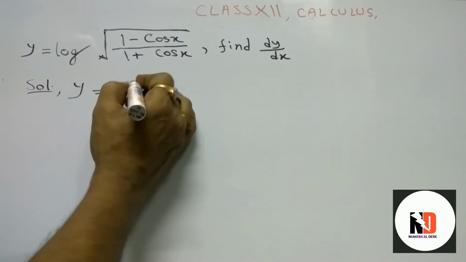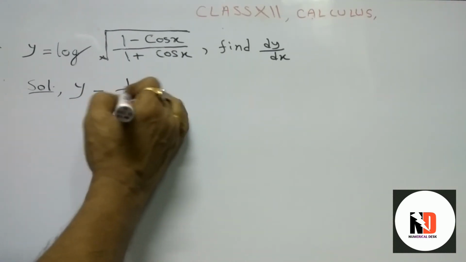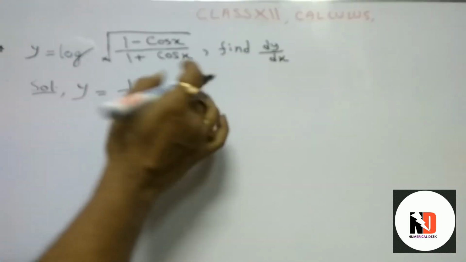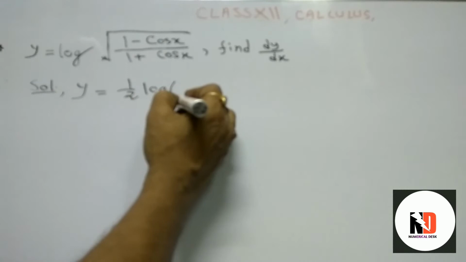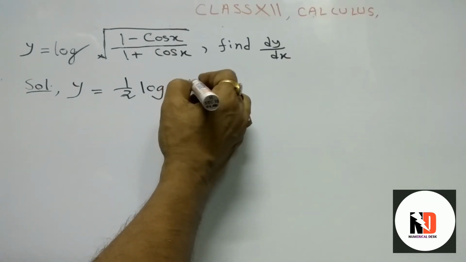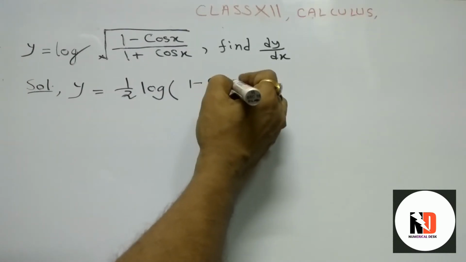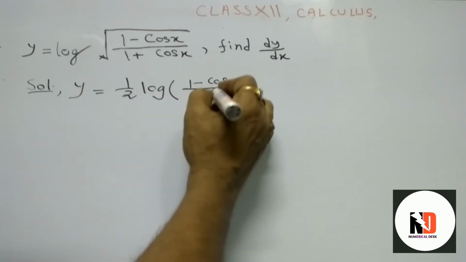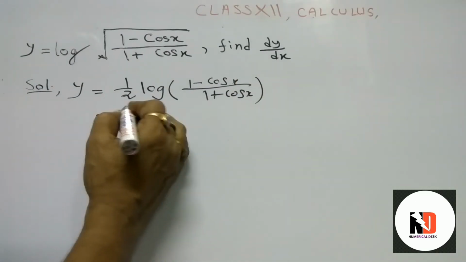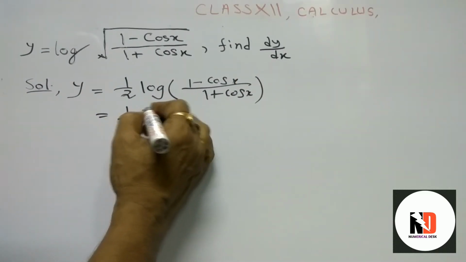we write y equal to half, because of the square root, log x to the power n equal to n into log x. Okay, so this is log a by b. So log a by b equals log a minus log b.